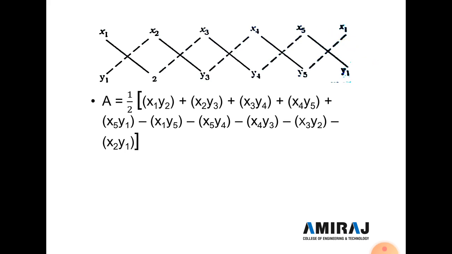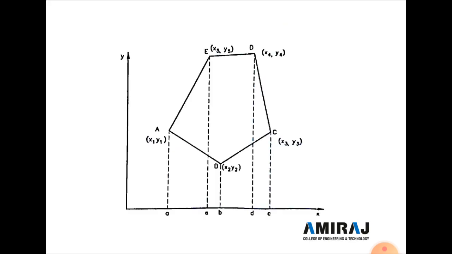Now in the reverse direction, minus x1 y5, minus x5 y4, minus x4 y3, minus x3 y2, minus x2 y1. So this is the simple method to solve the coordinate method problem.